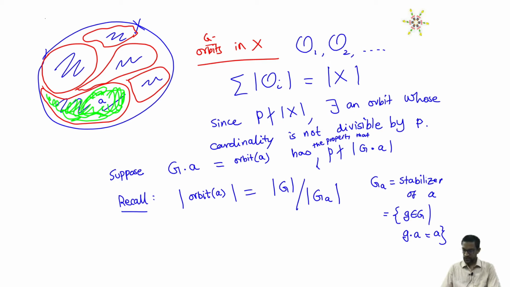So what does this mean? What is this GA here? So what are our conclusions? Here are various conclusions. Consider this new subgroup. Remember, the Sylow theorem says that we are trying to find a subgroup with some properties. So consider this subgroup GA.